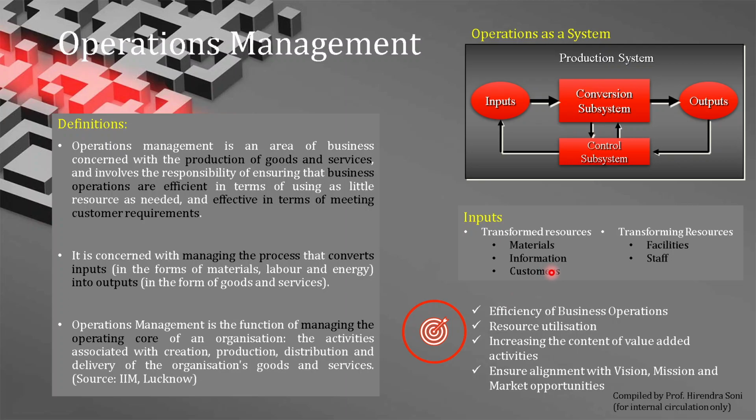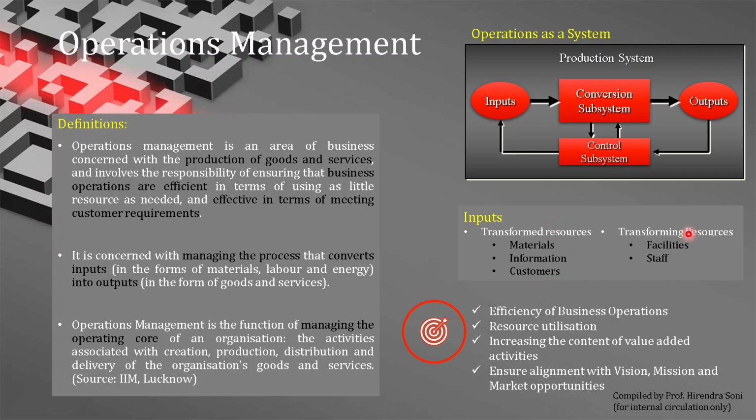So inputs received from the customers, and at the end of the day, what you get is a satisfied customer. So your inputs could be in the form of raw material, information, customers. Okay, there can be others also depending upon the nature of the operation involved.